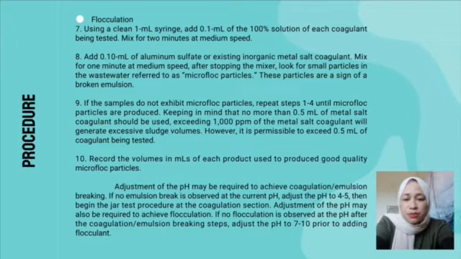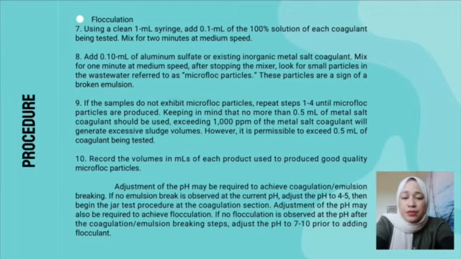Exceeding 1000 ppm of the metal salt coagulant will generate excessive sludge volumes. However, it is permissible to exceed 0.5 ml of the coagulant being tested. Record the volume in milliliters of each product used to produce good quality microfloc particles.